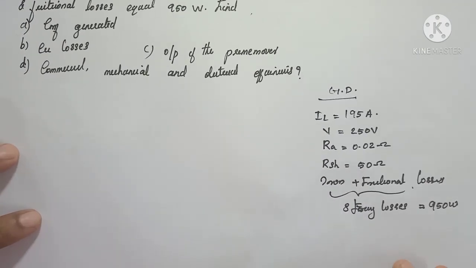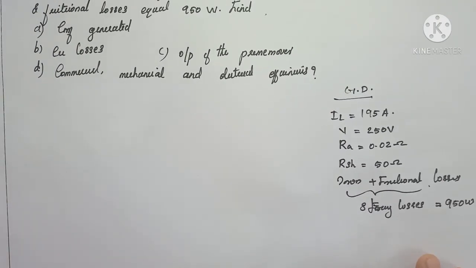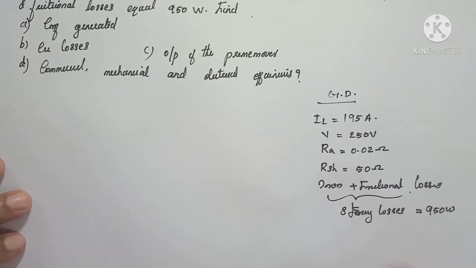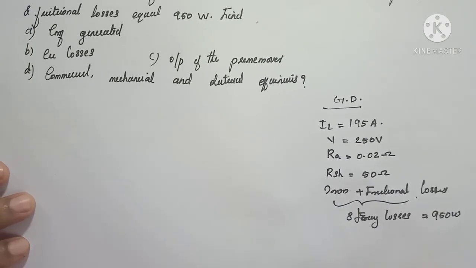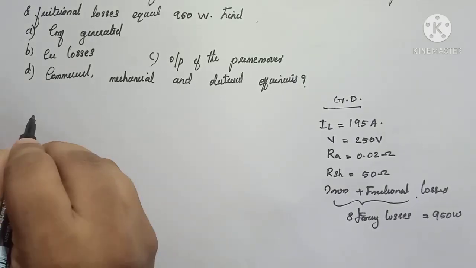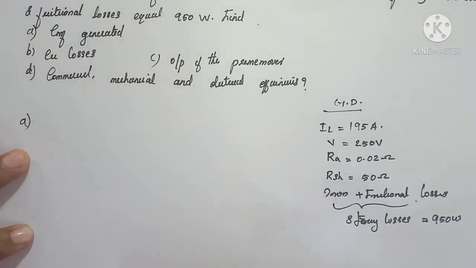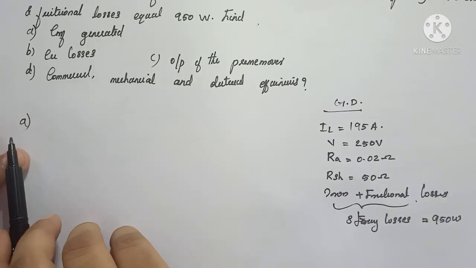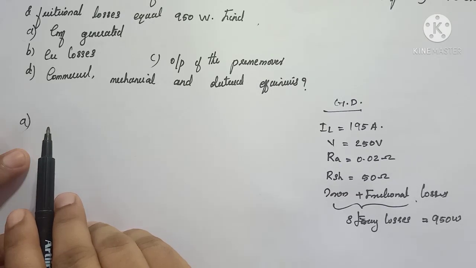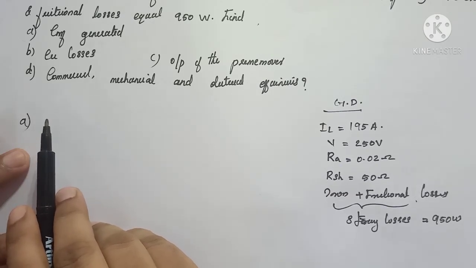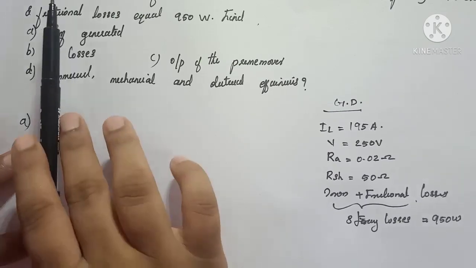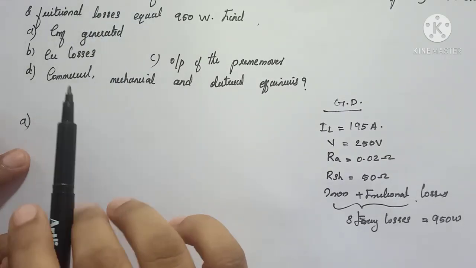So based on this data we can calculate EMF generated. In order to find the generated EMF, we need to know the terminal voltage, and since it is a shunt generator, we neglect the current through the shunt field.